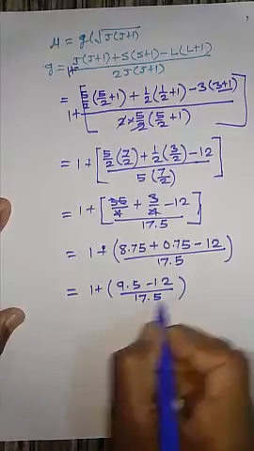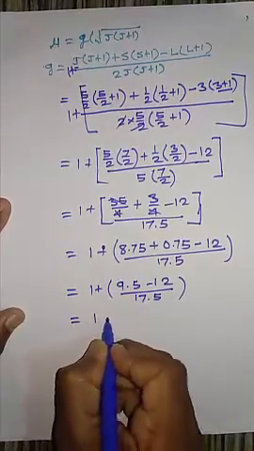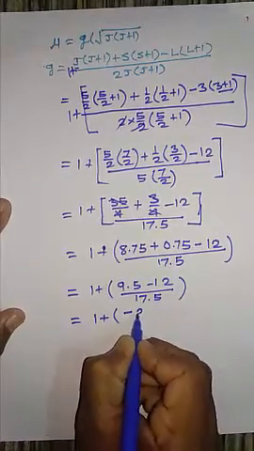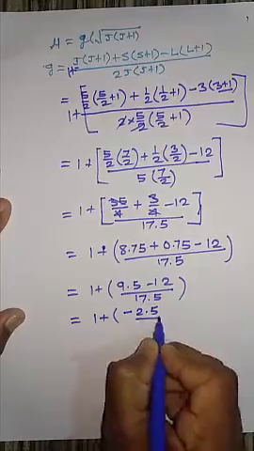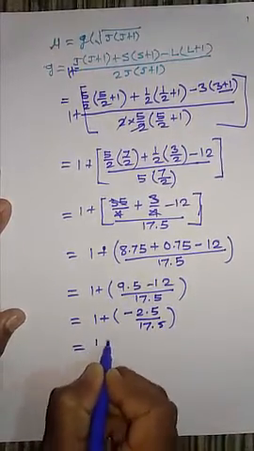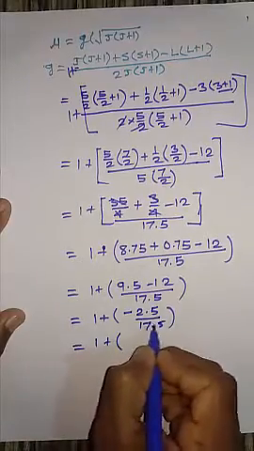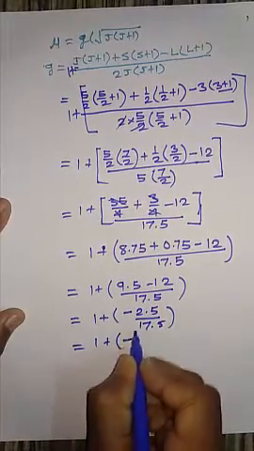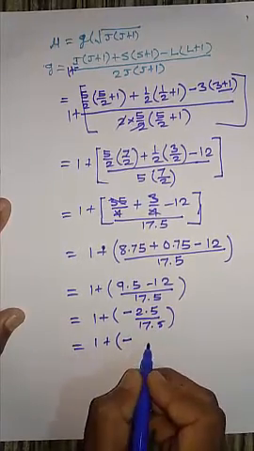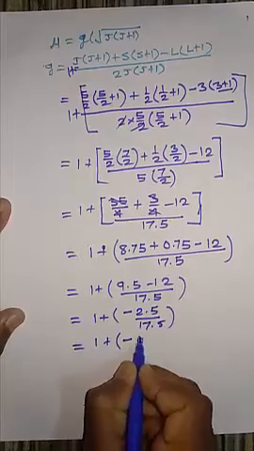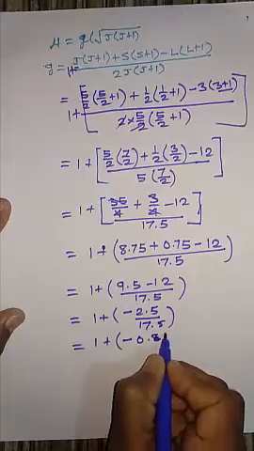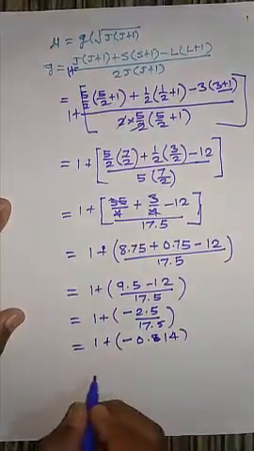If we simplify it once again, 1 plus minus 2.5 divided by 17.5, which is equal to 1 minus, as the minus sign remains, 2.5 divided by 17.5, and we get near about 0.14.